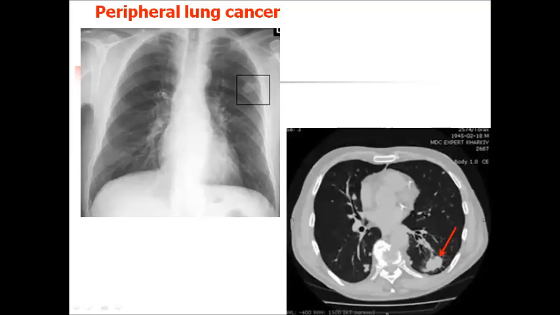Here is an example of peripheral lung cancer on X-ray film and on CT scan. Of course, CT scan provides much more details.